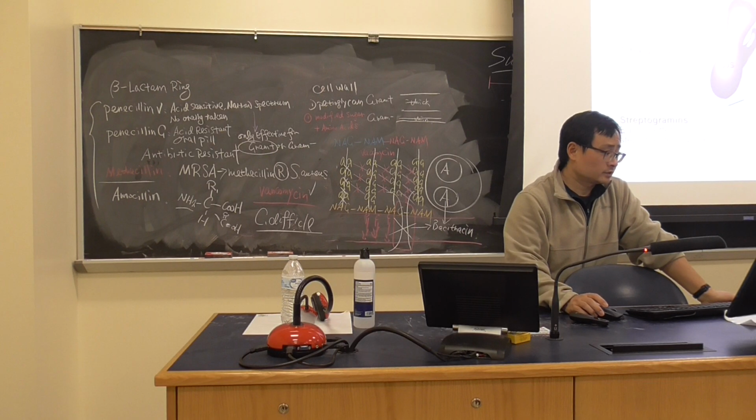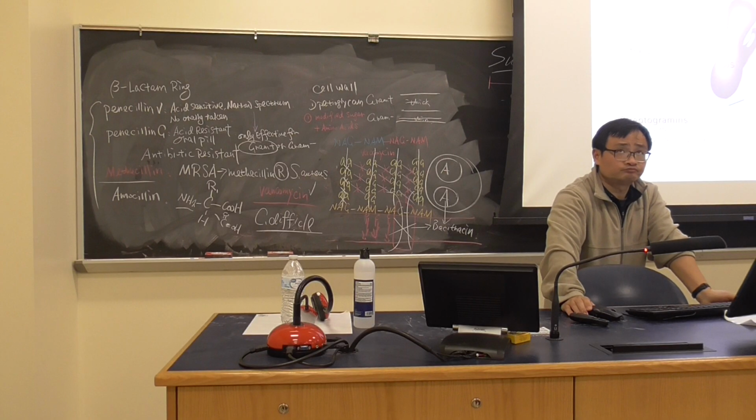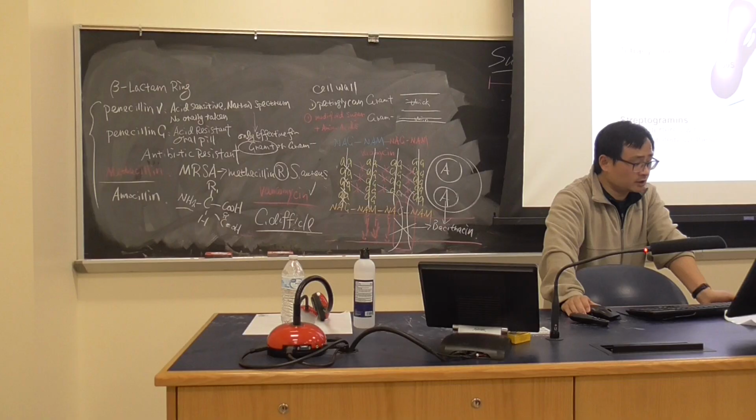Tetracycline. This is one we don't use too often right now, only in the veterinary science area. The very severe side effect is hearing loss. Streptogramins, we don't use too much at all, because a severe side effect is yellow teeth.